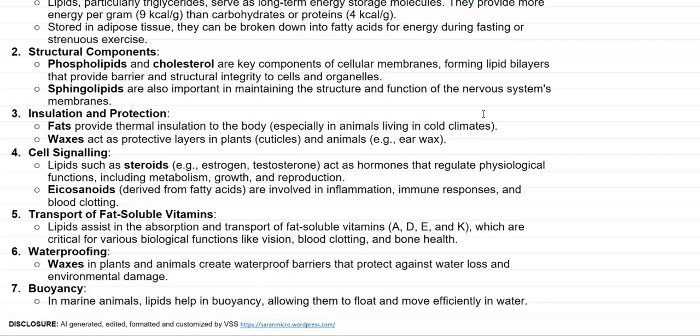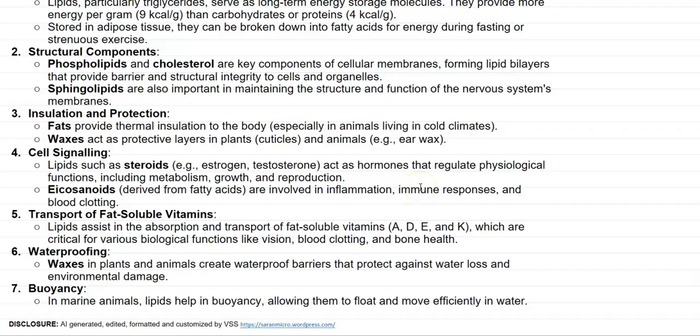The next point is related to waterproofing. A special form of lipid called waxes, present in both plants as well as animals, can create waterproof barriers which protect the organism against water loss as well as environmental damage. And the last point is related to buoyancy.